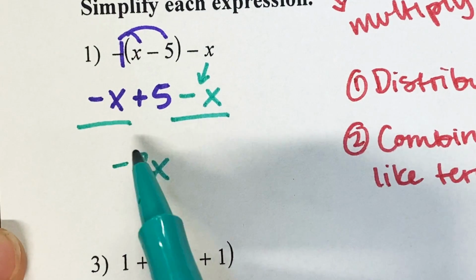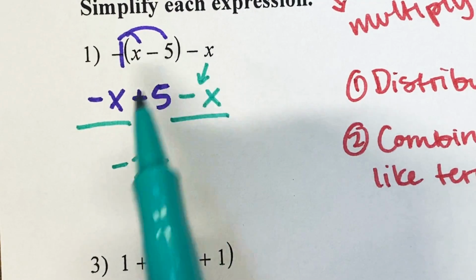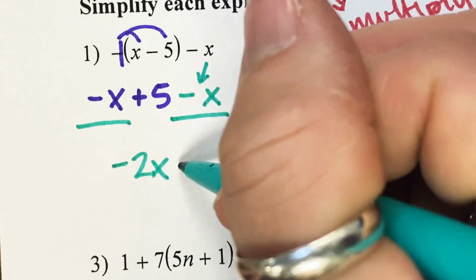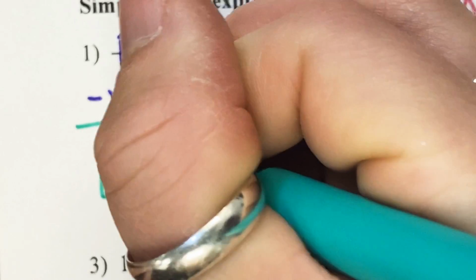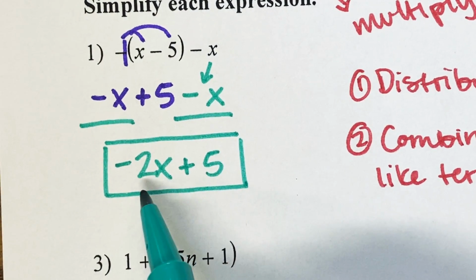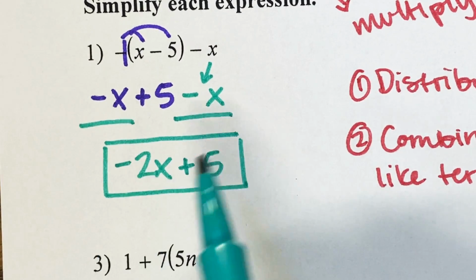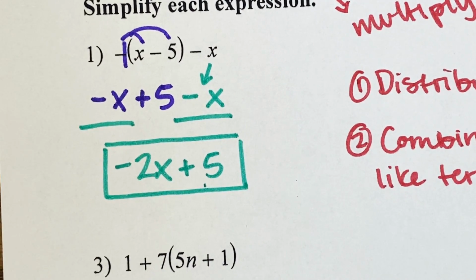So we combine -x and -x to give -2x. Then I cannot combine this 5 with anything, so we simply write it next to it. Those are not like terms because one of them has the x and one of them does not. So that is as simplified as it'll go.